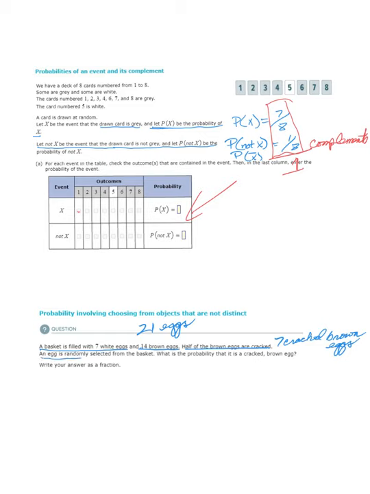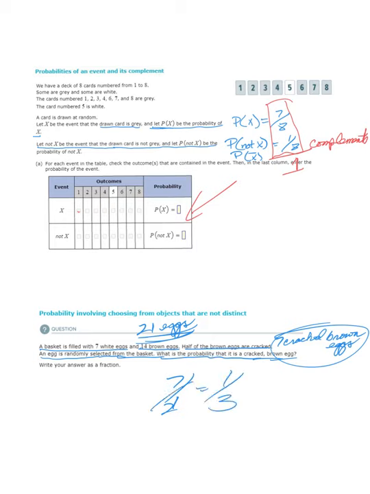If an egg is randomly selected from the basket out of these 21, what is the probability it's a cracked brown egg? Okay, since I have 7 cracked brown eggs out of 21 eggs, I'd say I have a 7 out of 21 chance. Reduce that, I got a 1 out of 3 chance of getting a brown cracked egg.